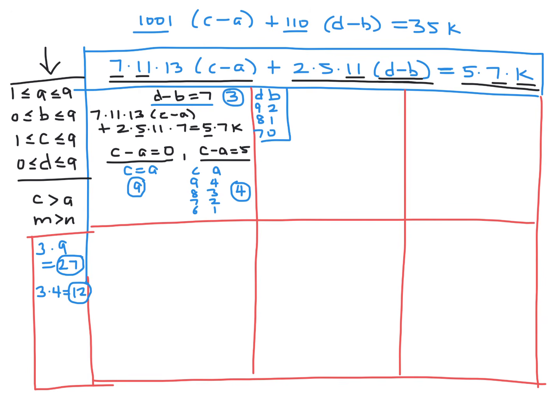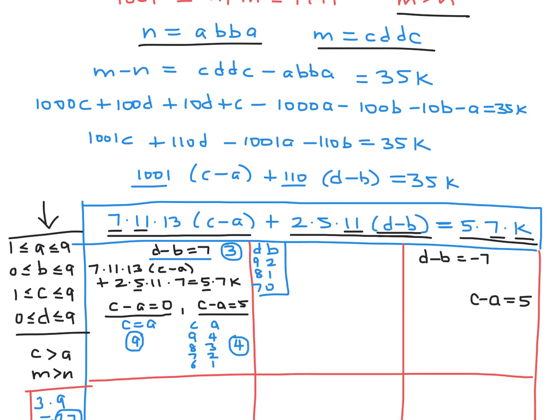Okay, moving right along, let's go to the next possibility, which I think is D minus B equal to minus 7 and C minus A equal to 5.